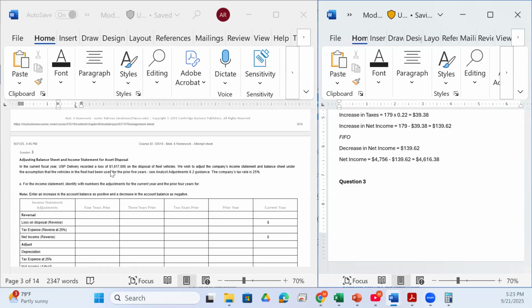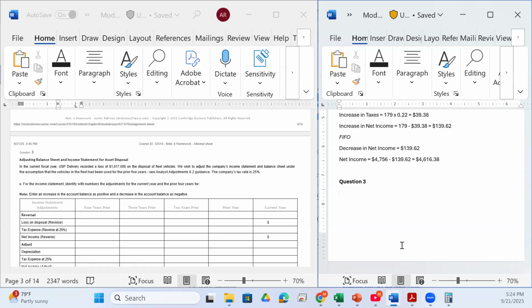USP Delivery recorded a loss of 1,617,000 on the disposal of fleet vehicles. We wish to adjust the company's income statement and balance sheet under the assumption that the vehicles in the fleet had been used for the prior 5 years. See analyst adjustment 6.2 guidance. The company's tax rate is 25%. For the income statement, identify with numbers the adjustments for the current year and the prior 4 years.